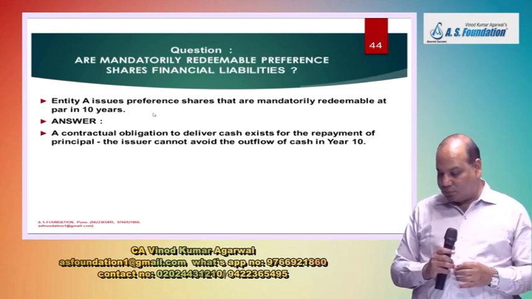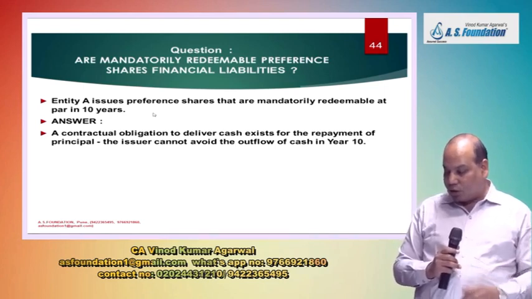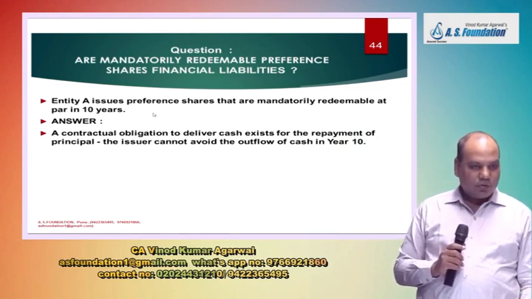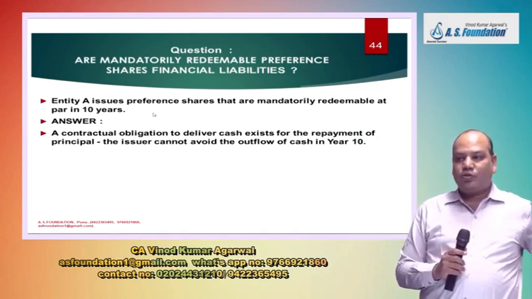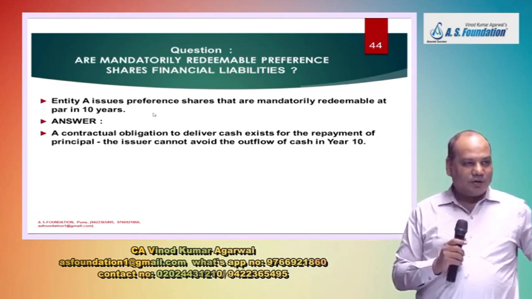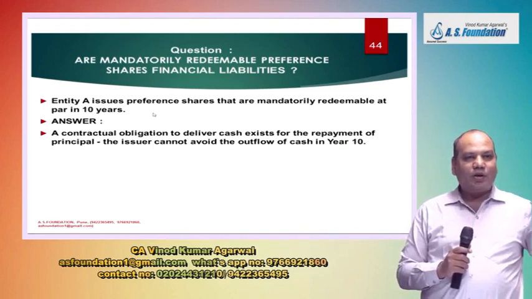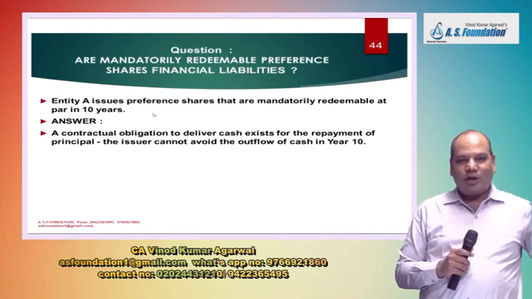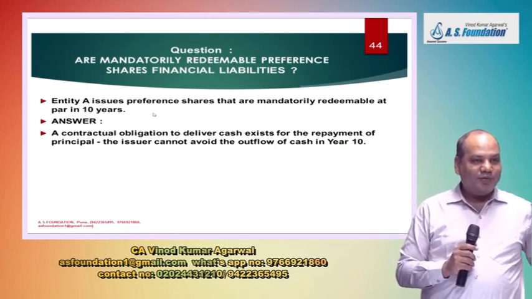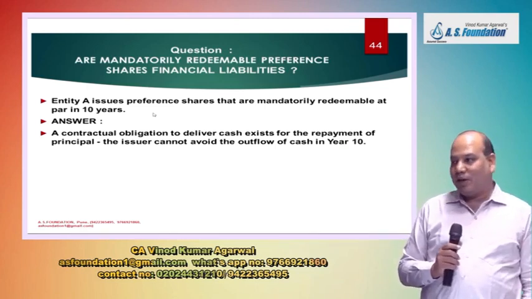So the answer is a contractual obligation to deliver cash exists. A lot of ratios will change now because of this preference share classification. Earlier it was part of equity, so the debt equity ratio used to be good, but now it will be part of liability, so the debt equity ratio will become bad now.